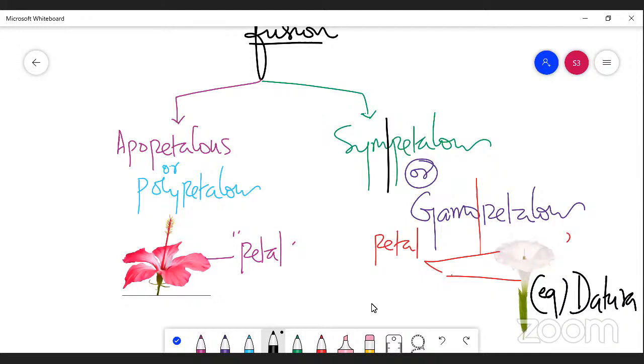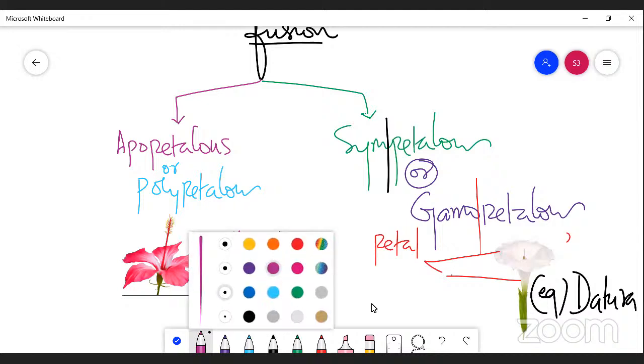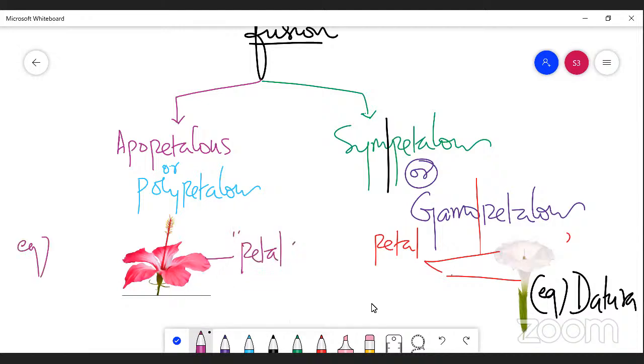Please understand. Polypetalous, also known as apopetalous: for that I have given a very suitable example, Hibiscus rosa-sinensis. It is the binomial of the China rose, which originated in China and came to India.